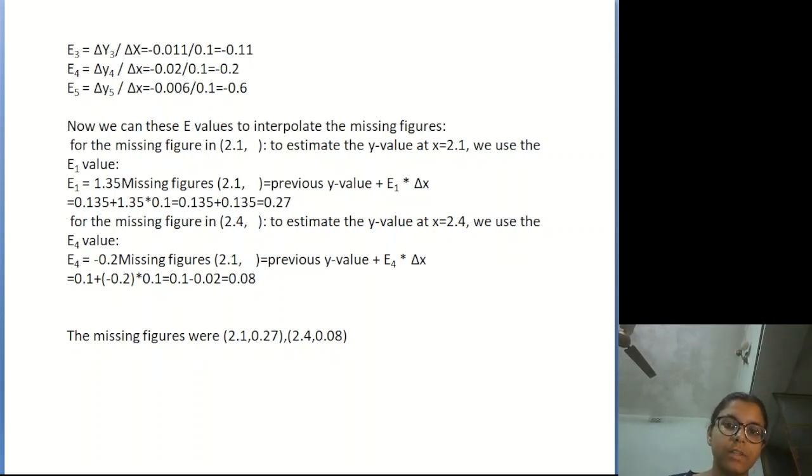So our missing figures that we were to generate are 0.27 and 0.08.